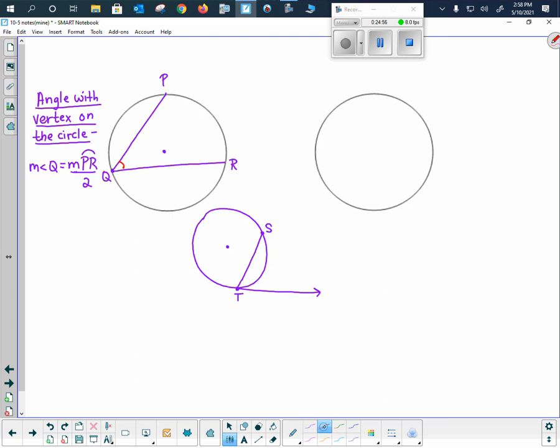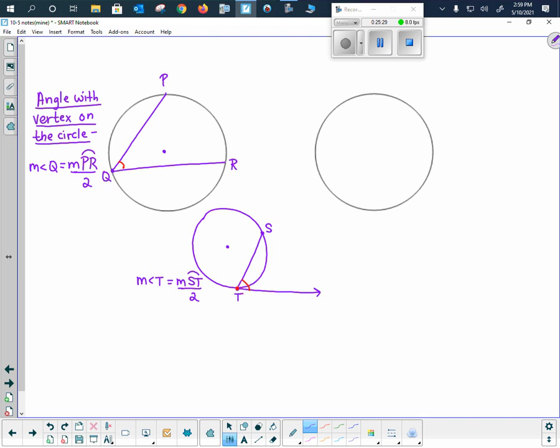Notice the vertex of this angle is still on the circle. And so you should be able to tell me that the measure of angle T equals the measure of the only arc inside that angle, arc ST, over 2.